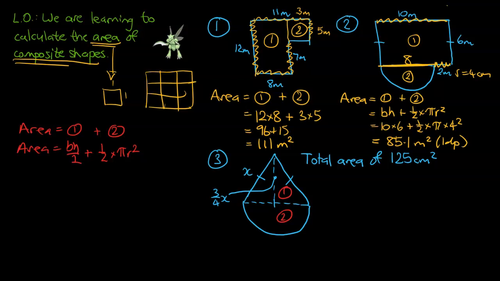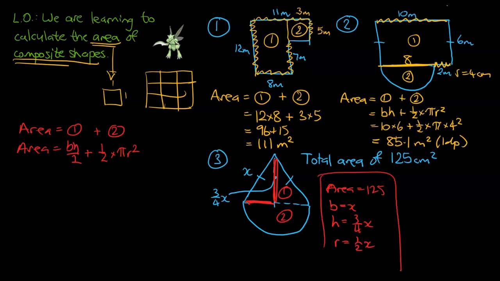So I'll do that over here, but we know the area part, that's equal to 125. The base of our rectangle, we know that's going to be x, so the base will be equal to x. The height of our rectangle, that's going to be 3/4 of x, and our radius, since the base is x, the radius is going to be 1/2 of that, so 1/2 times x.